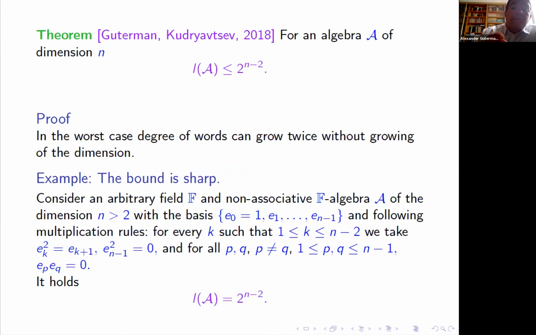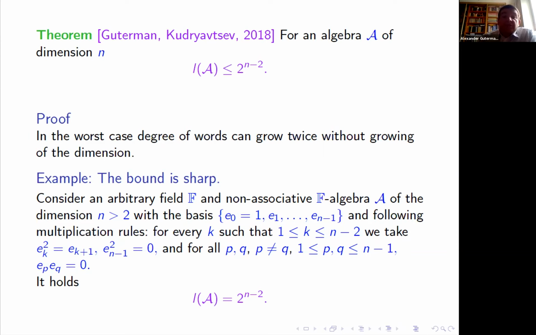And then, considering the worst-case degree of words possible in a non-associative algebra, it is possible to obtain the upper bound. So for an algebra of dimension n, the length is always bounded by 2 to the power of dimension minus 2.